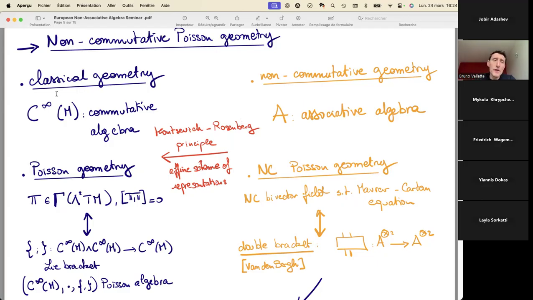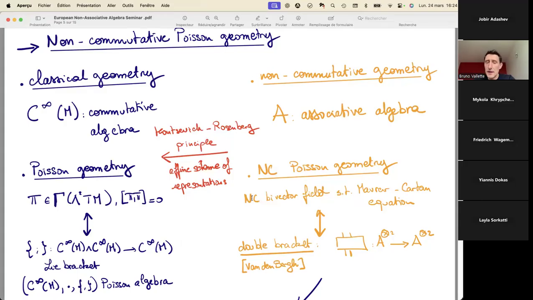And you should recover these notions by passing to the affine scheme of representations. Okay, so if you do that, what should be put here that would give, under this affine scheme of representations, this data?